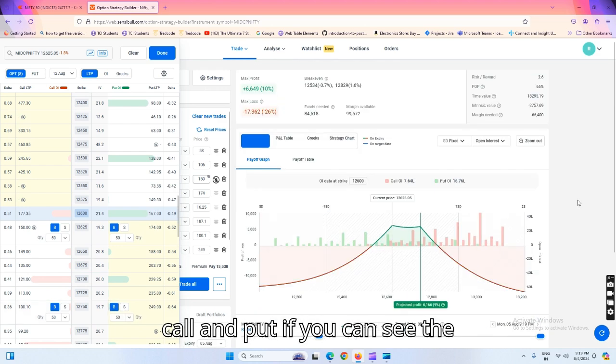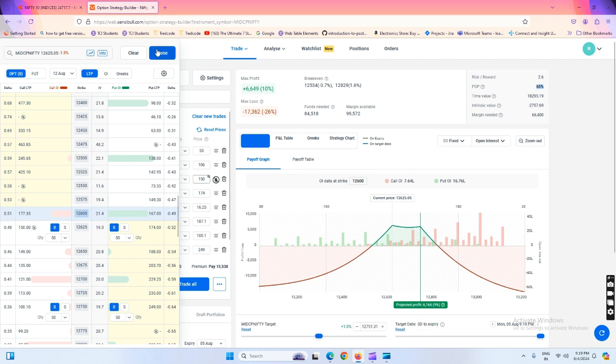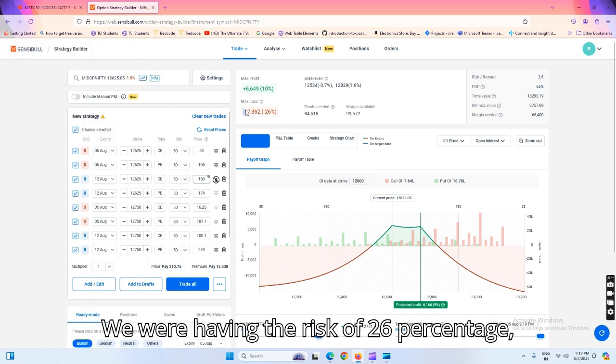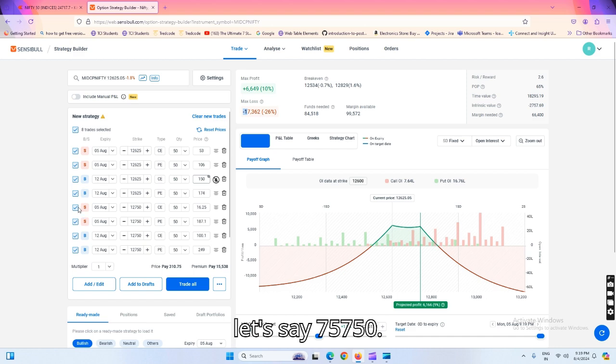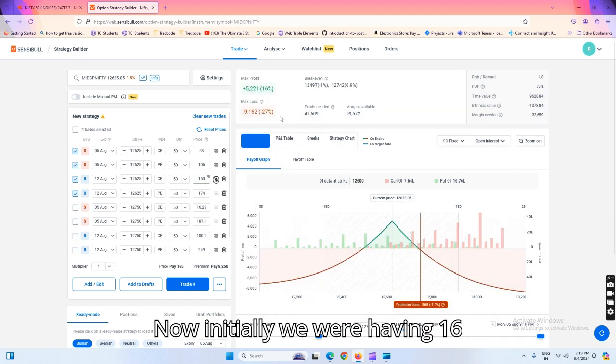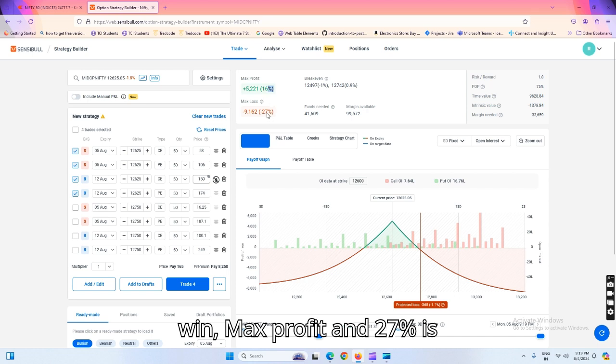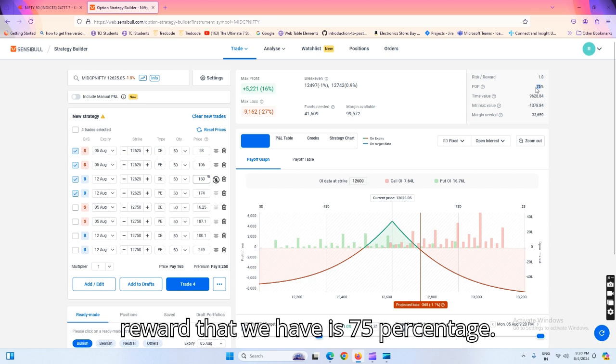If you look at the probability, previously we were having the risk of 26 percentage. Let's say 750, 750, I'll remove these positions. Initially we had 16 percentage max profit and 27 percentage max loss, and the probability was 75 percentage.